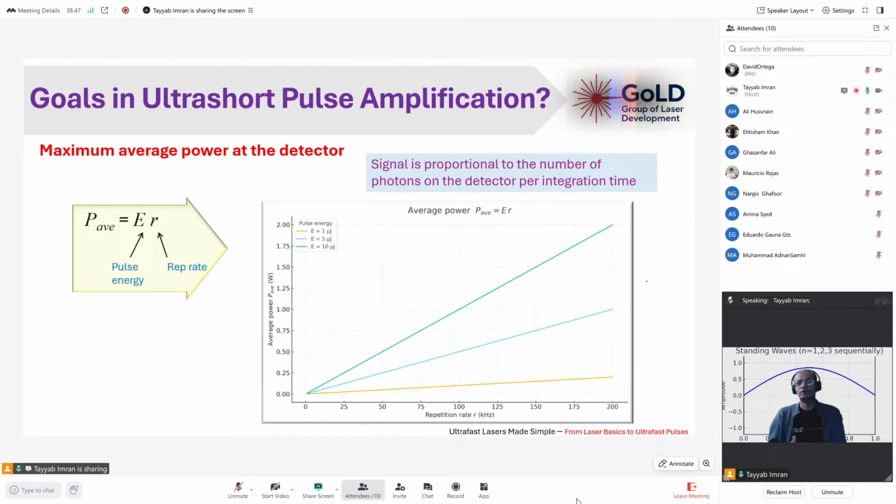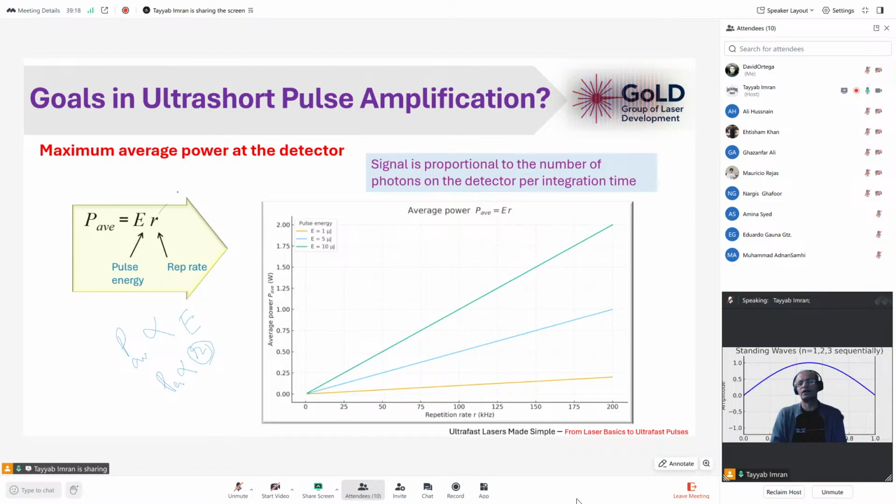Because in case of pulsed laser, usually we do not go for an average power. We take the peak power. Anyway, this thing is also necessary to understand here. The average power is directly proportional to what? Pulse energy, and R. That is here repetition rate.